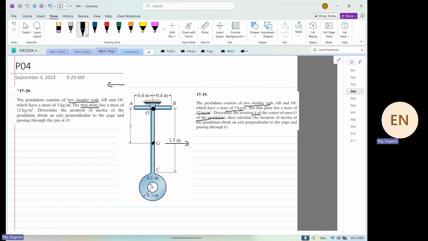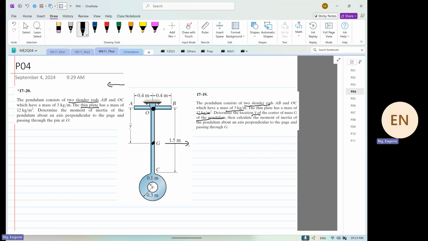Sometimes it's more convenient to analyze when it's passing through O. Sometimes it's more convenient knowing it when it's passing through G. Later on, I will tell you when to use what. So first now, just learn the basic stuff.